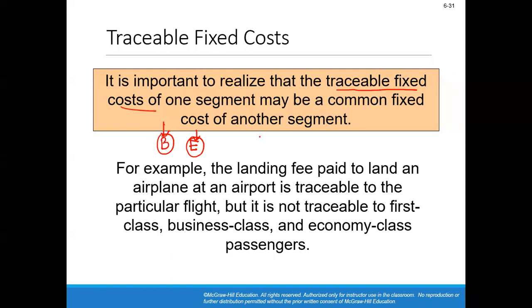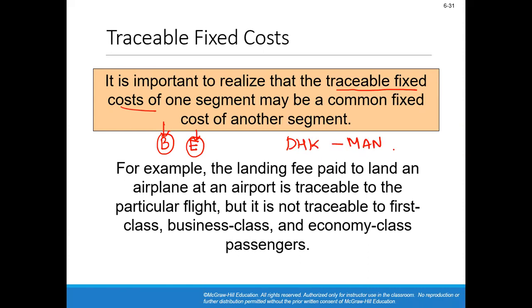Okay. And Biman Bangladesh also has made a classification of their business, or a segmentation, in a way, in which routes they operate flights. So let's think of a flight from Dhaka to Manchester.